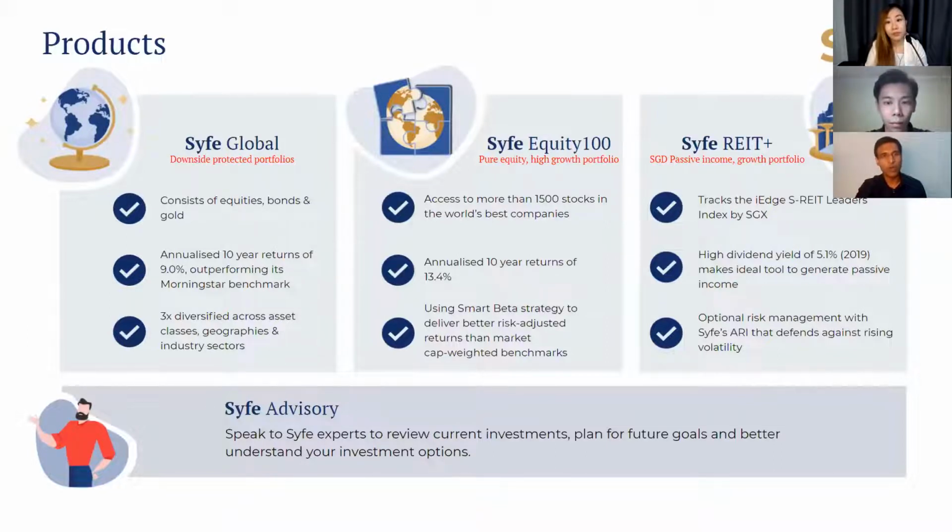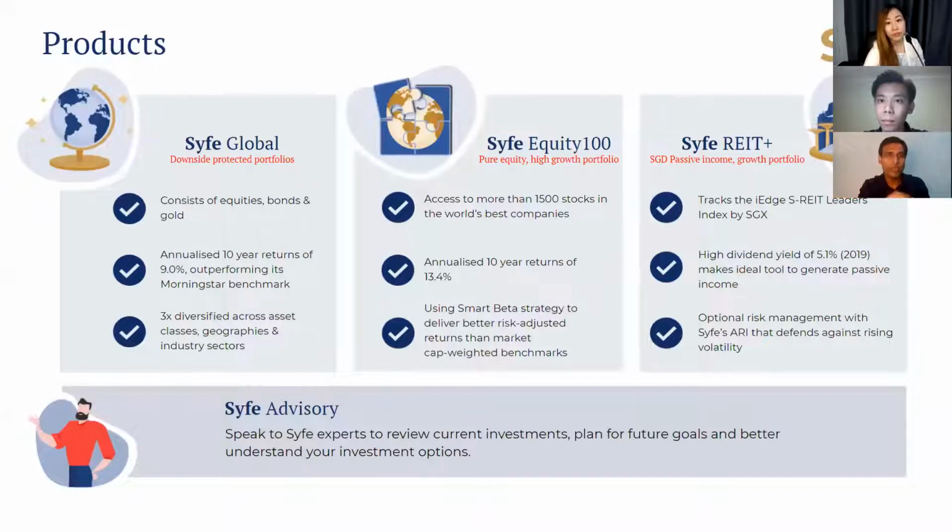People typically want to either grow their wealth for a certain goal, like a dollar value, or they want to generate some sort of a passive income, right? So those are two of the key goals that investors generally have. And that's where if you look at the different portfolios that we have on offer, it sort of covers all of those aspects.